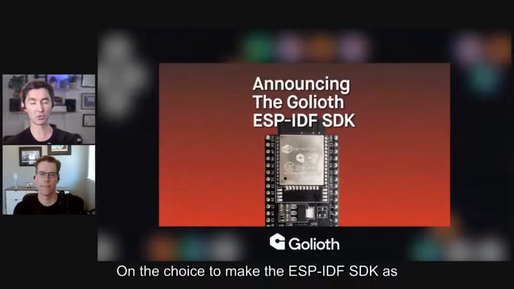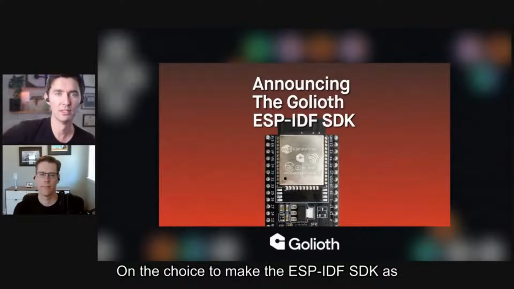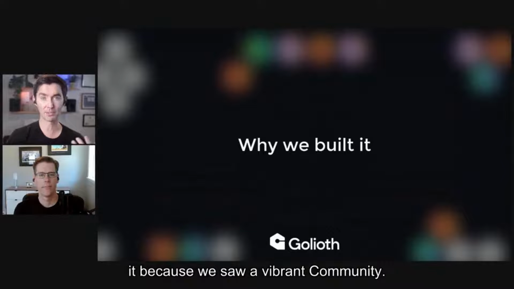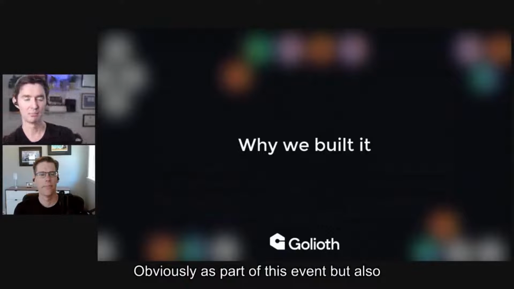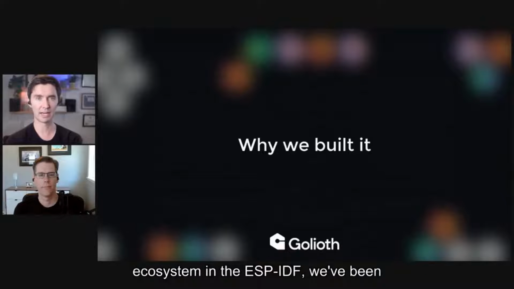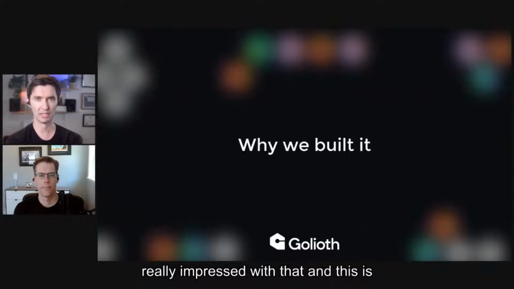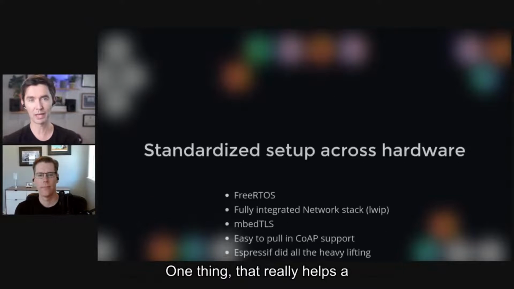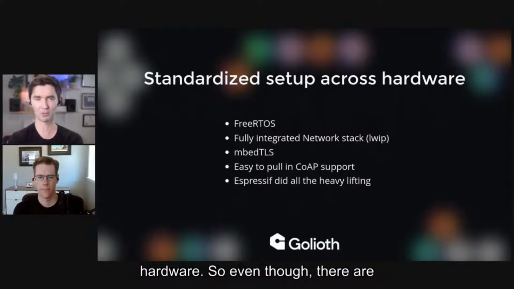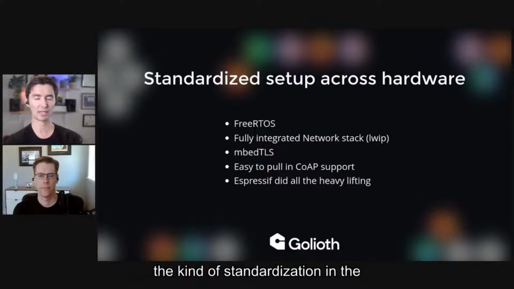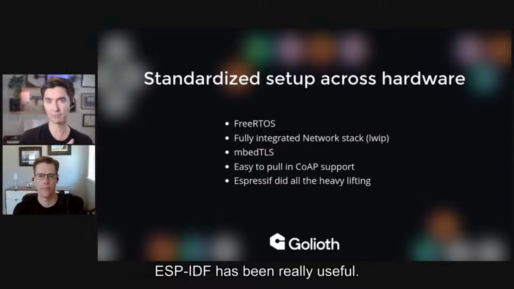On the choice to make the ESP-IDF SDK part of Goliath, we decided to build it because we saw a vibrant community, obviously as part of this event, but also a well-developed ecosystem in the ESP-IDF. We've been really impressed with that. This is some of the stuff that Nick, the author of our SDK, wanted us to pass along. One thing that really helps a lot here is standardized setup across hardware. Even though there are multiple product lines, all ever growing, the standardization in the ESP-IDF has been really useful.